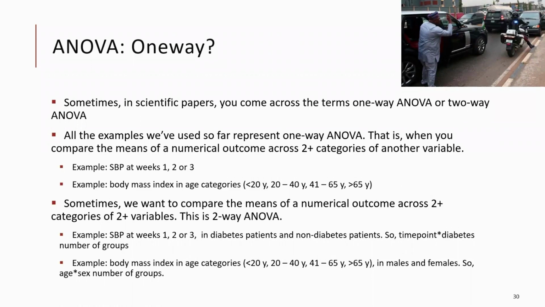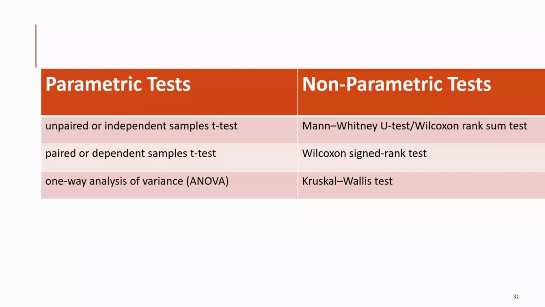Now, what of scenarios where the conditions for the normal distribution are not met? Those scenarios are outside the scope of today's session, but I thought to use one slide to highlight that for every single parametric test we've mentioned today, there's an equivalent non-parametric test.